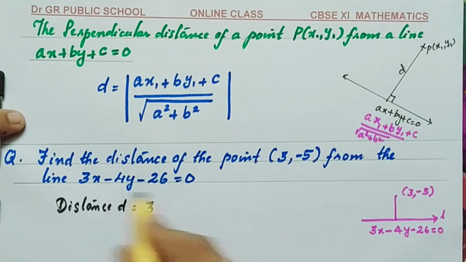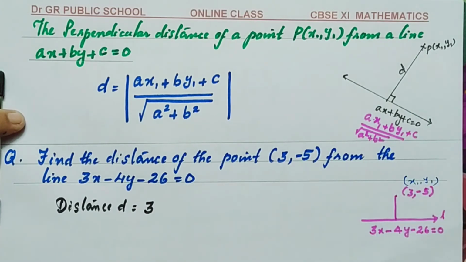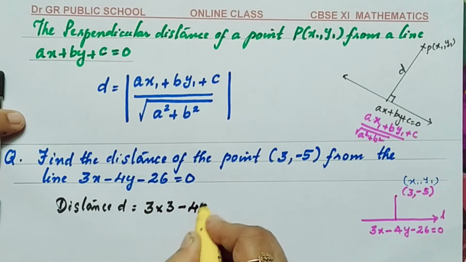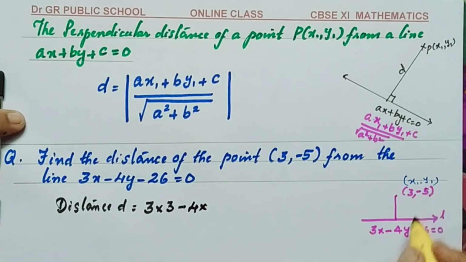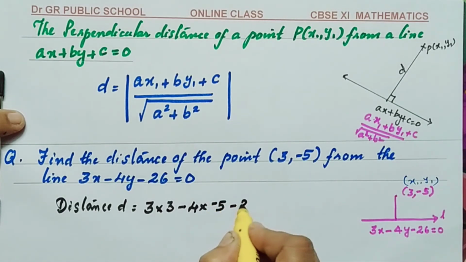3 x1, this is your x1, y1 now. In the general form there is an x1, y1. 3 x1 means you need to substitute the value of x1: 3 into 3, minus 4 into y1, you need to substitute the value of y1 as minus 5, minus 26.